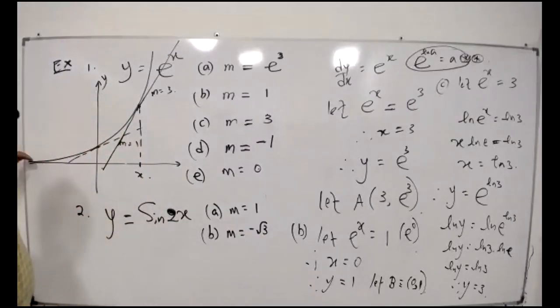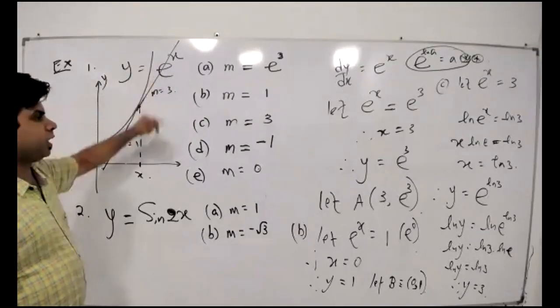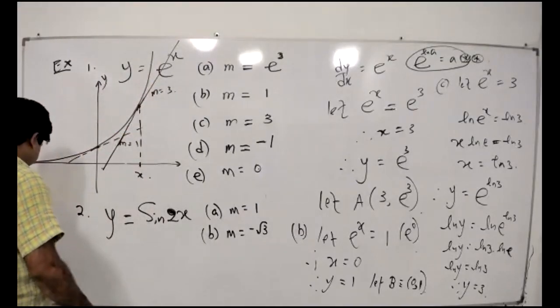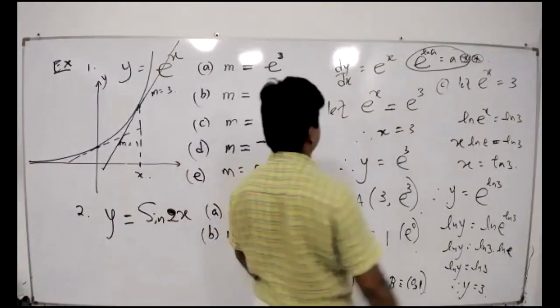Because you know that here also, this has a positive gradient always. How do you say it algebraically?